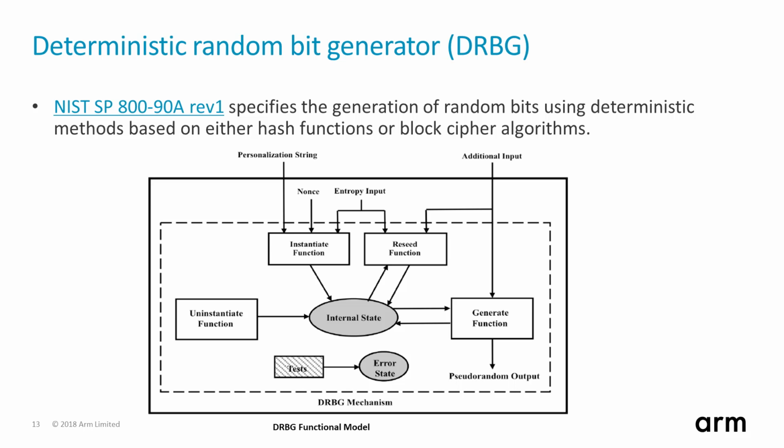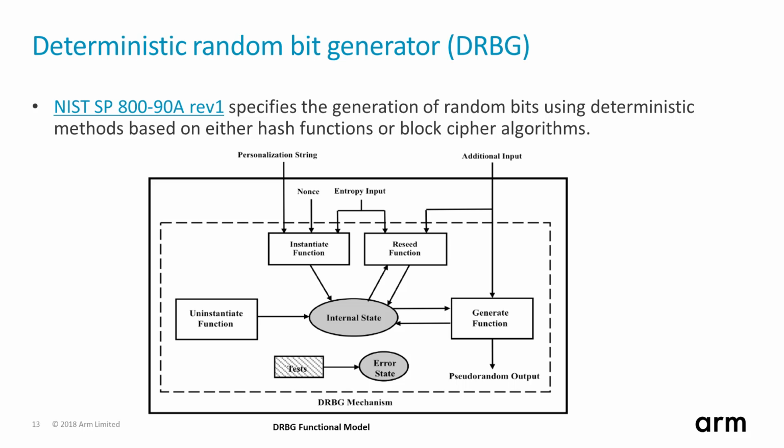This DRBG is a mechanism that uses an algorithm that produces a sequence of bits from an initial value that is determined by a seed. The seed is the output of a random source, in our case the hardware-based random number generator. The DRBG is said to produce a pseudo-random bit sequence.